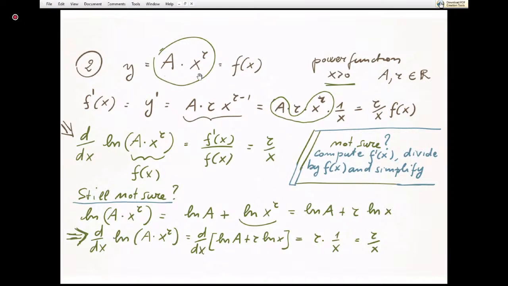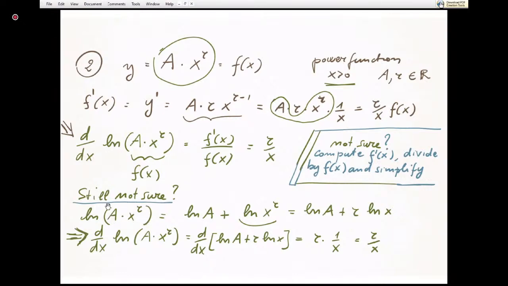Because for a multiplicative structure, the log of the function has an additive structure, okay? And then you can compute the derivative of each term, and then take the sum of the derivatives in the result. For instance, what is the log of capital A times x to the power of r?